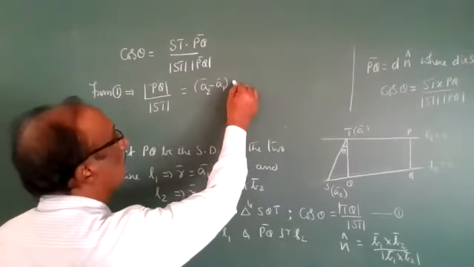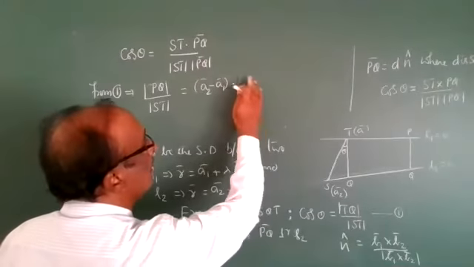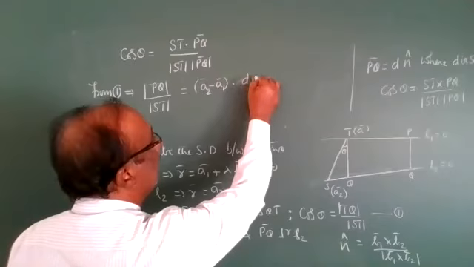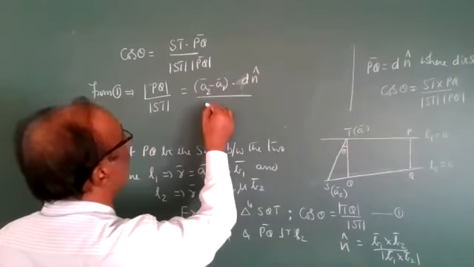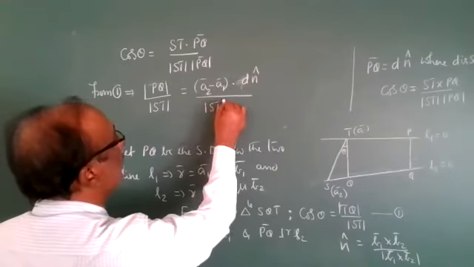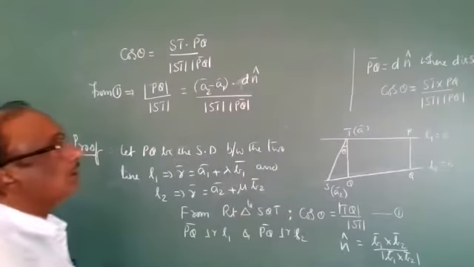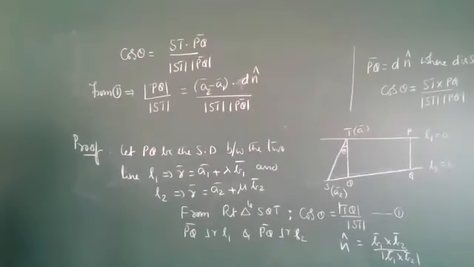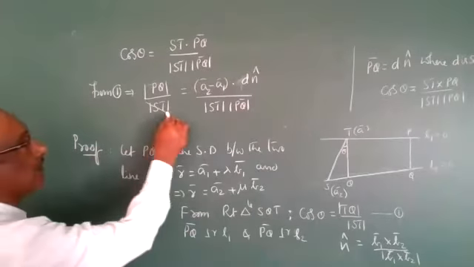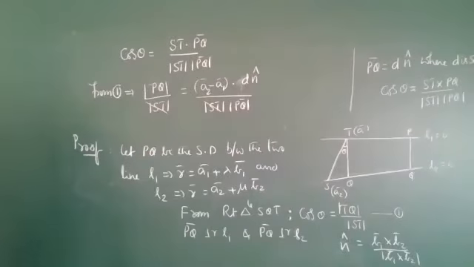So into PQ bar, what is the vector? D into N cap by modulus of ST into modulus of PQ. Modulus of ST is cancelled.